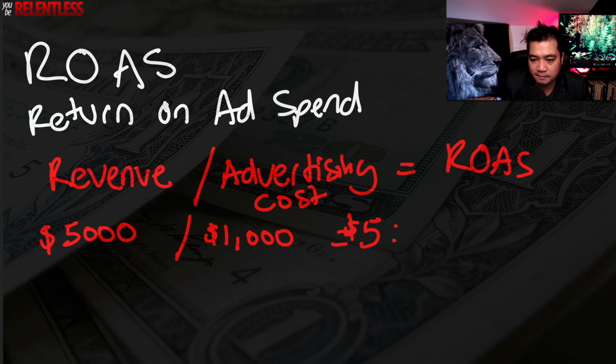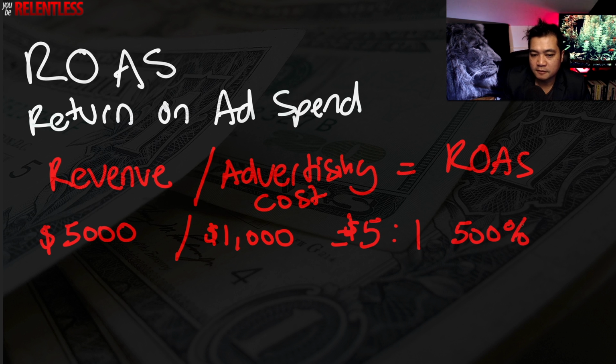So the ratio is 5-1, meaning that essentially it was a 500% increase. So for every dollar that I put down, I made $5. So I put down $1, I make $5 in return. I put down $100, I make $500 in return. So that's basically the whole ROAS.